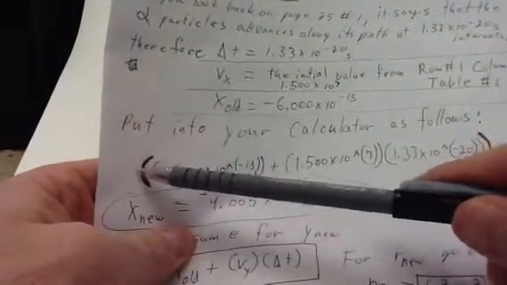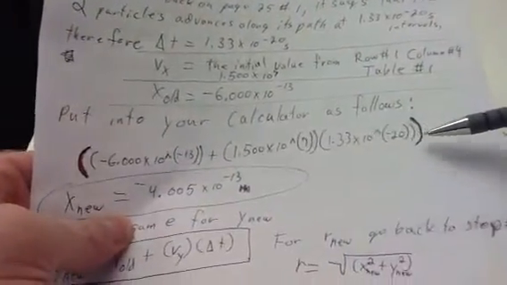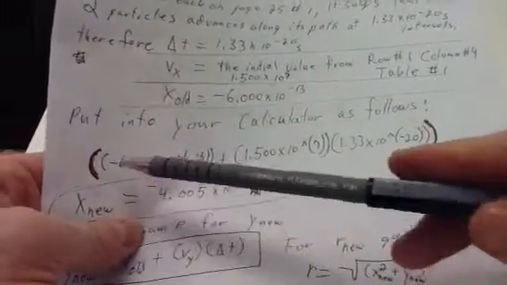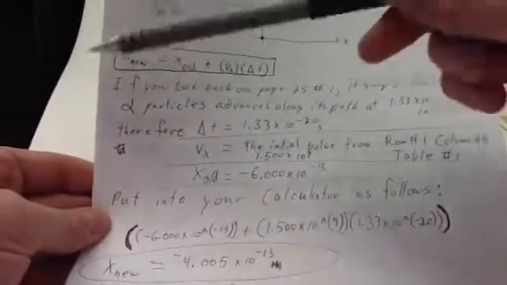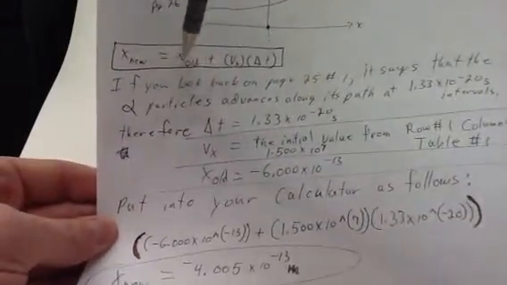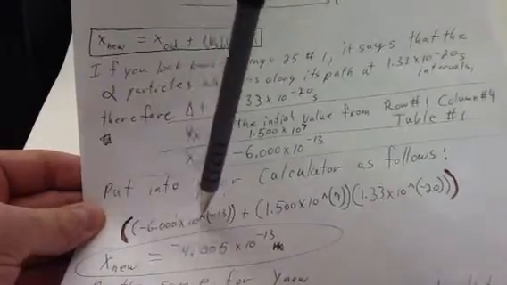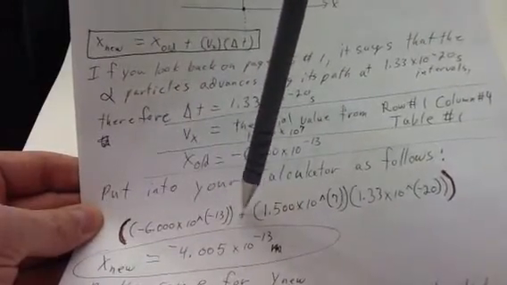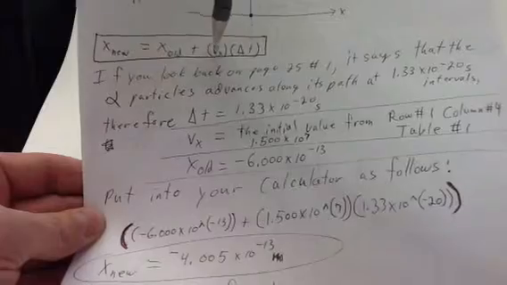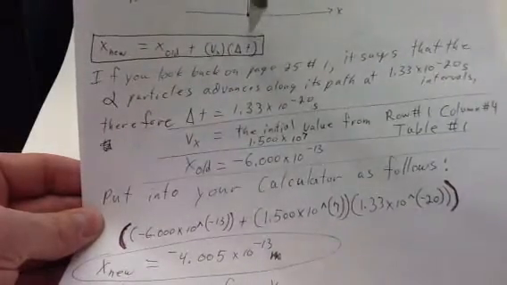Same thing, you got this big parentheses. Remember, it's going to start there and it's going to end here. Then you go, okay, so here we go. Let's see if we can get this whole thing in here. So, for x new, we take the x old. There's the x old. Parentheses. Put the x old in, another parentheses, close it out. Plus, here's our plus, Vx times change in t.